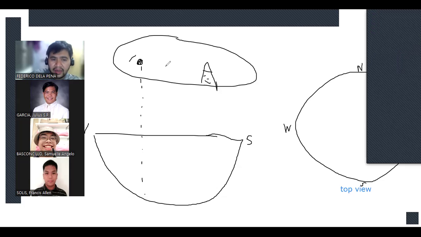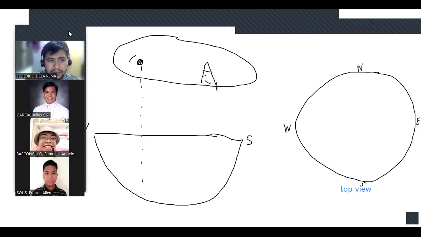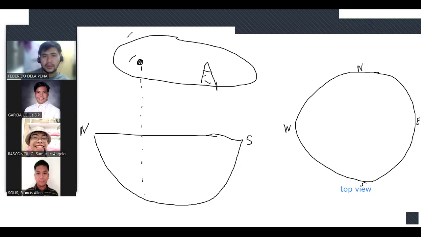All right, let's say you have a plane here. Out of the page is your west direction and into the page is your east direction.